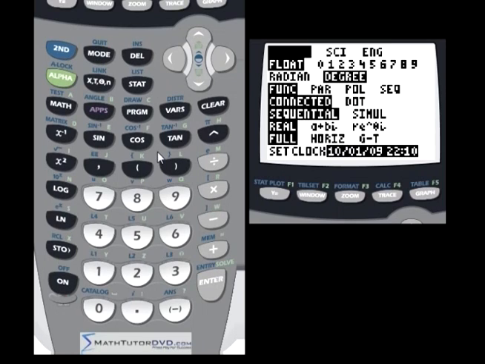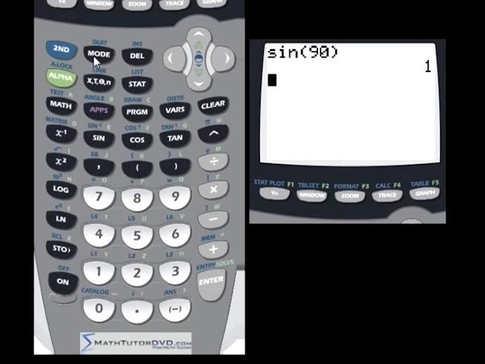Now if you go back into this mode and change it to radians, which honestly most of the time you will be working in radians in real math and engineering, then if you take the sine of 90, which is exactly what we put in a minute ago, you're going to get a totally different answer because the calculator doesn't think this is 90 degrees you're putting in here. It thinks this is 90 radians.